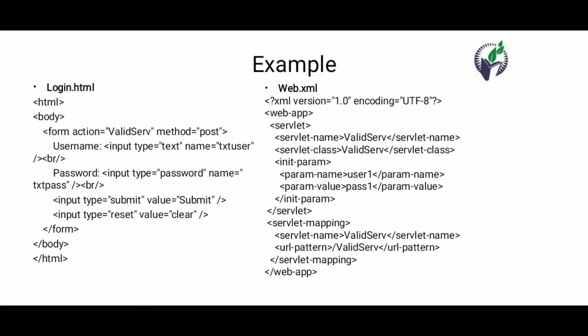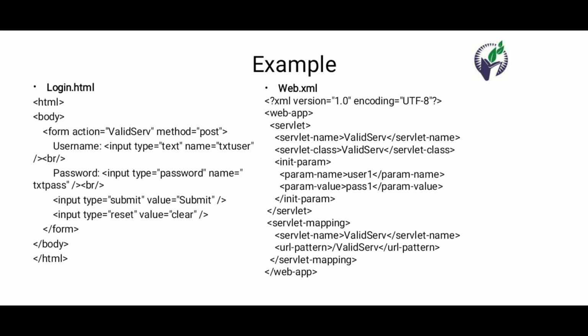Here an example is defined, a login, where we create one HTML file, and in the HTML file we create one form that moves on to the valid serve.java file. So the action is defined as valid serve, then username and password fields are defined, and a submit button and reset button.